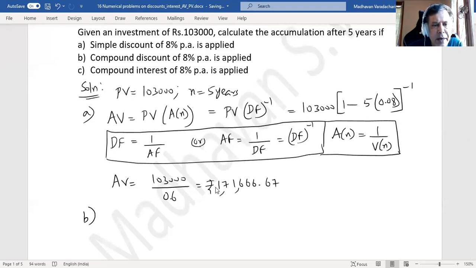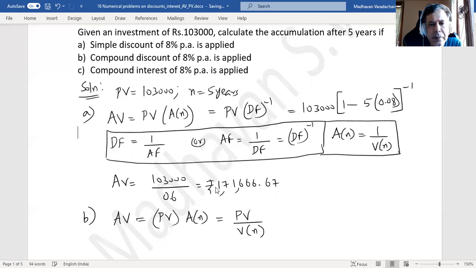Here, compound discount. Again, we are supposed to find out accumulated value. Accumulated value is present value times accumulation factor. Here they gave us compound discount, so I can say present value divided by the discount factor, and here it is compounded, so present value divided by 1 minus d to the power of n.